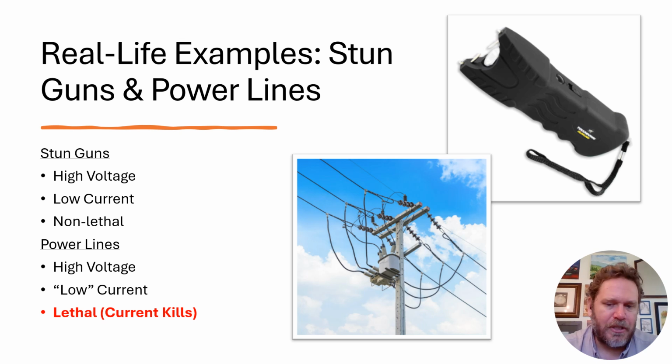Whereas here, if we just send voltage, it's basically like sending just the electric field. There's not really a lot of heat created. Now again, when I say not a lot of heat, there's still a lot of heat. It's just low compared to what it was when the electricity was created. And when I say low current, I mean low compared to when they first made the electricity. It's still way more than enough current to kill you if you start touching them and messing around with them. So that's a low current there.